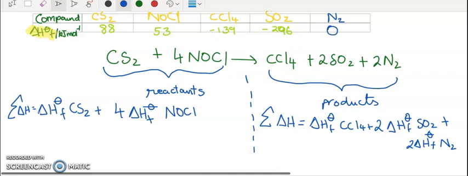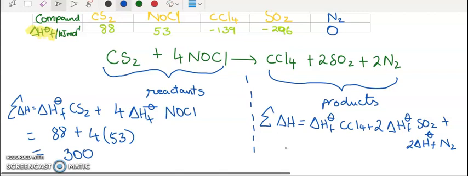So now let's plug in all the information we know. From the table, CS2 is 88 plus 4 times NOCl, which is 53, and this altogether gives us 300.